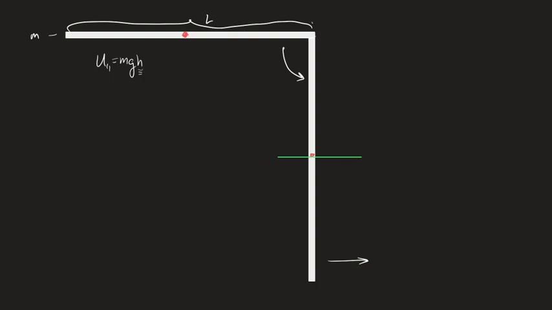So when we say mgh from now on, h refers to where the center of mass goes. So in this problem, the amount of gravitational potential energy is mgL/2. This object has less potential energy because its center of mass doesn't change height as much as the object from before.